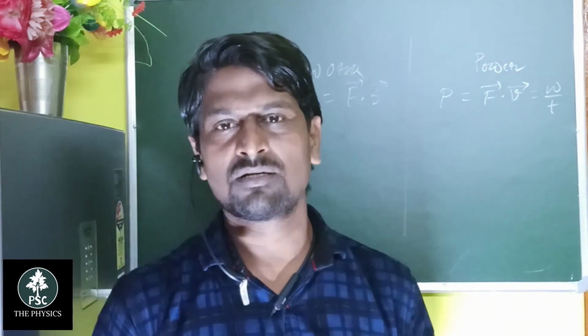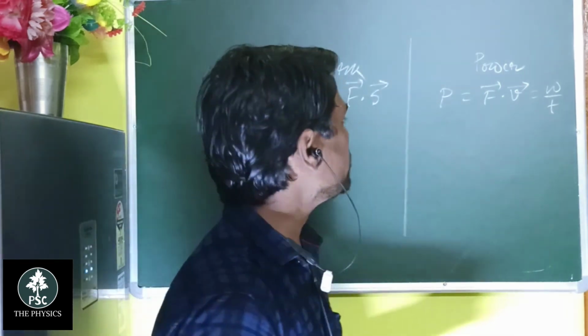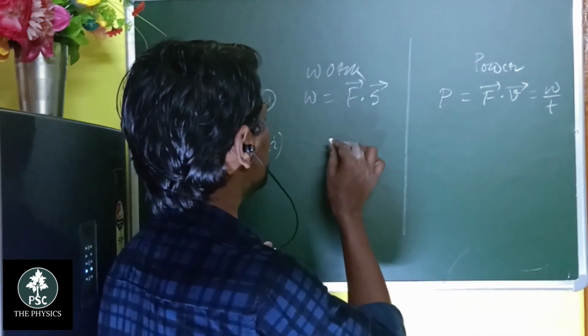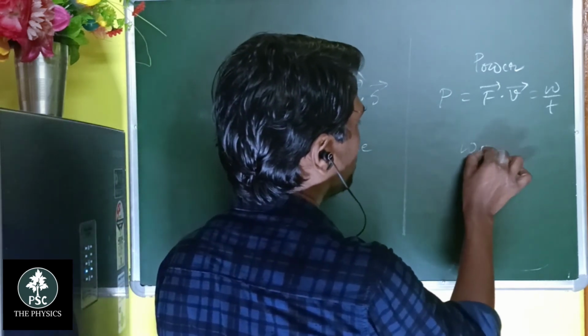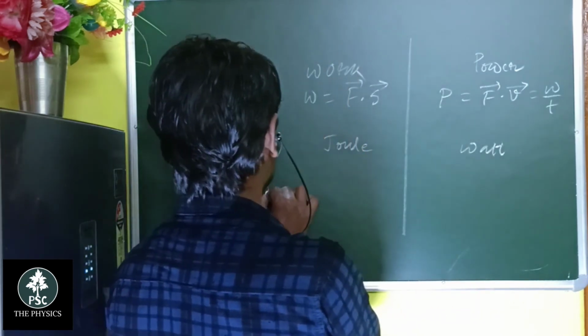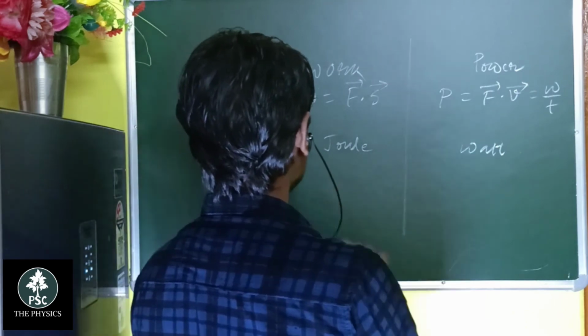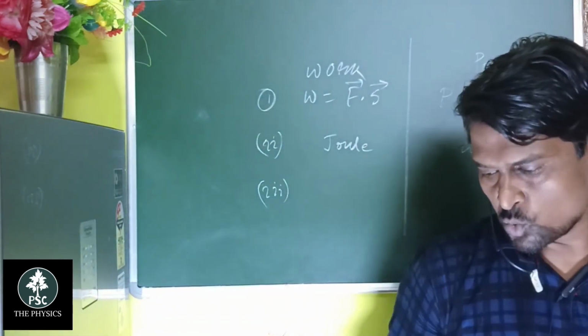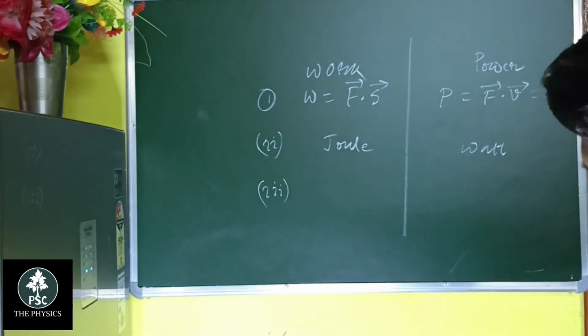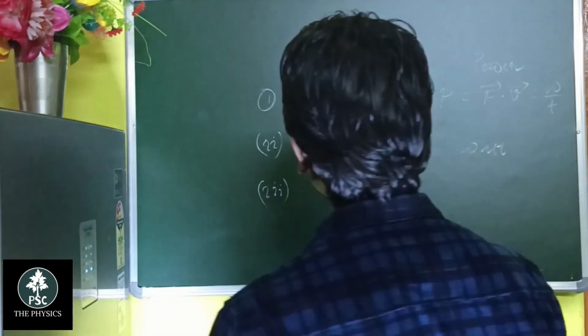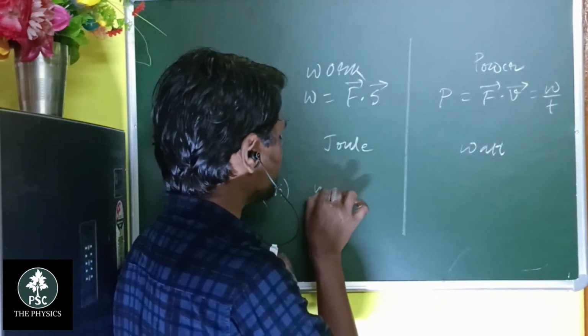The second one is that power is also a scalar, so that is not a difference, but the unit of work is joule, while the unit of power is watt. So the two are different physical quantities.